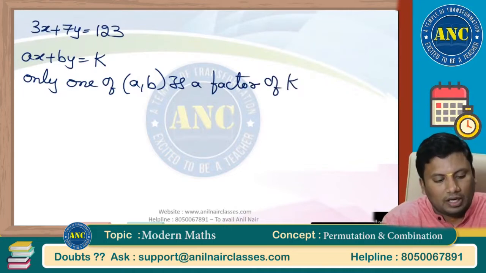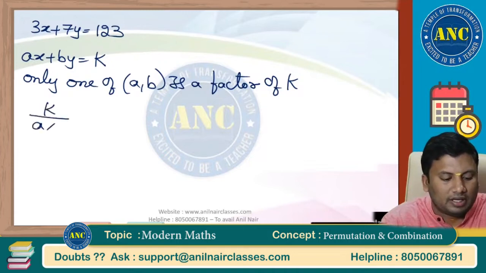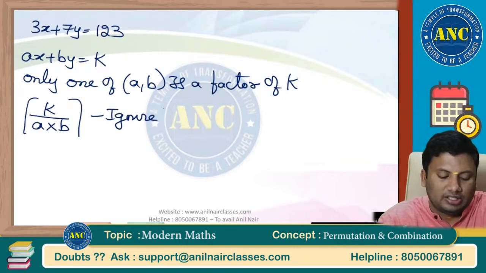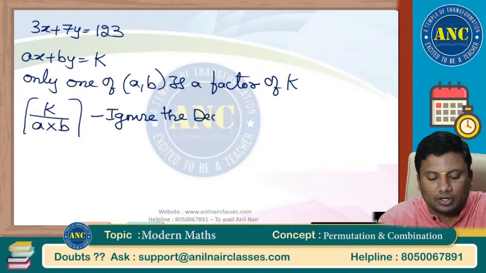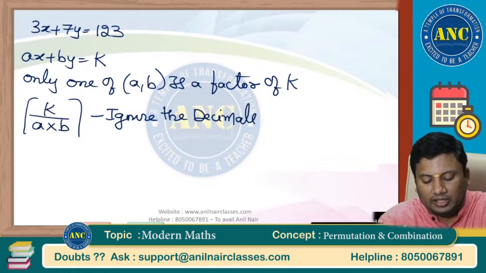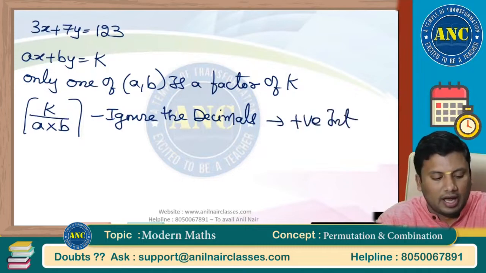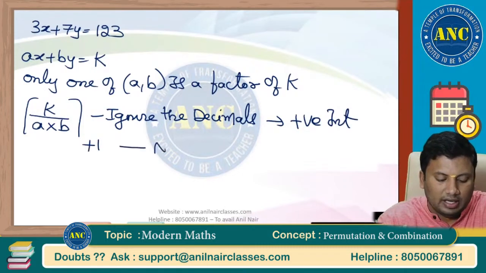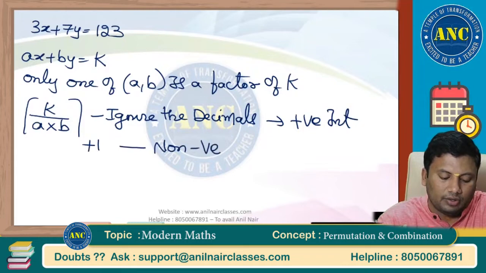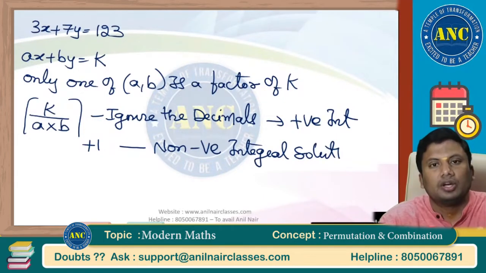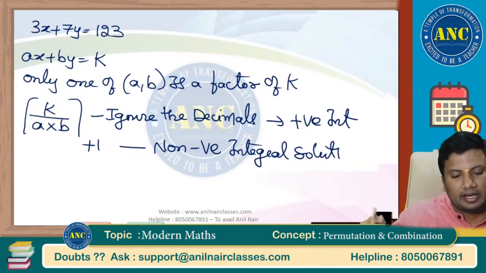Then k by a into b, whatever the value that you get, if you get it in decimal, ignore the decimals. 3.1 is 3, 3.9 is also 3. Ignore the decimals. That itself is the positive integral solution. Add 1 to it to get the non-negative integral solutions. Simple concept, to get the non-negative integral solutions.